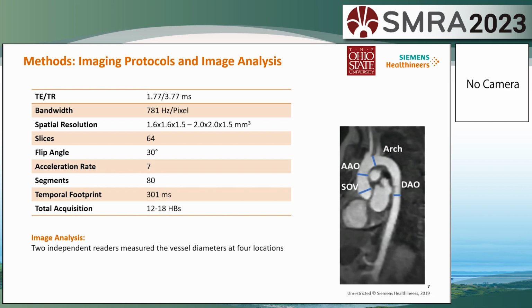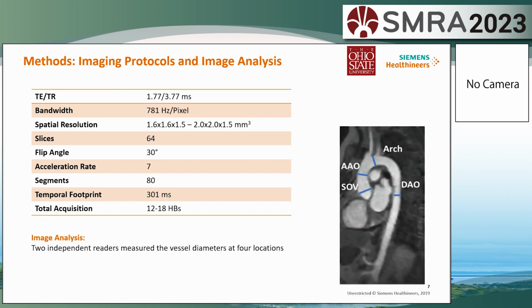Here are the imaging protocols for gated MRA. Compared to the standard field, our TE and TI are slightly lengthened due to the reduced gradient performance. We use an acceleration rate of 7. The temporal footprint is about 300 milliseconds. The total acquisition time is from 12 to 18 heartbeats, depending on the spatial resolution.